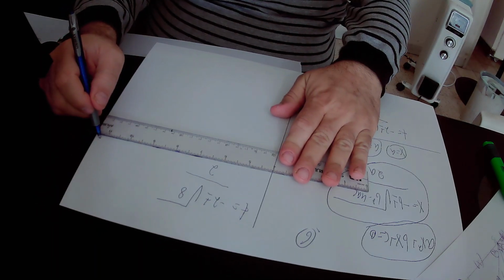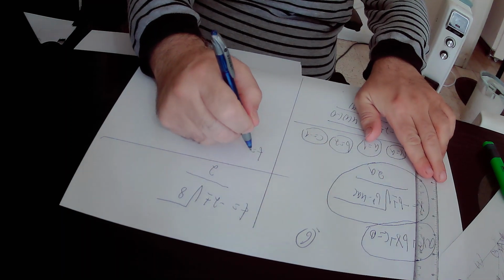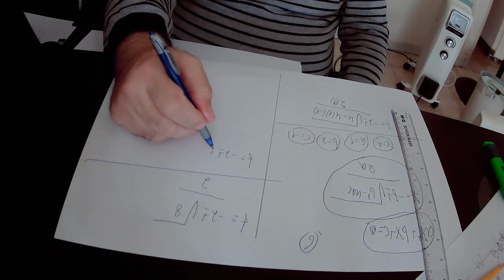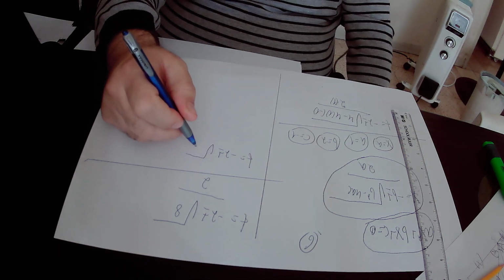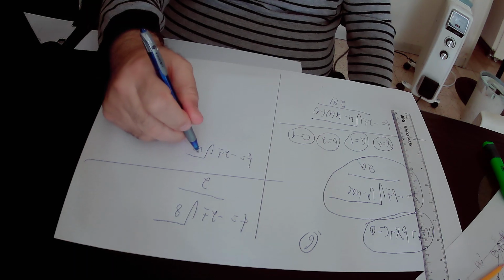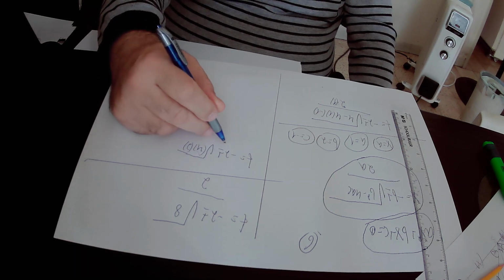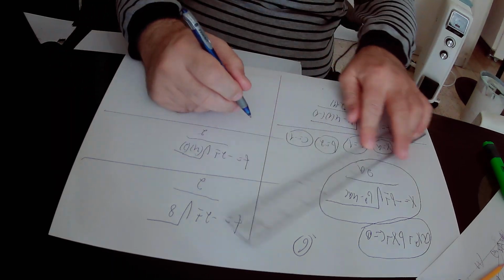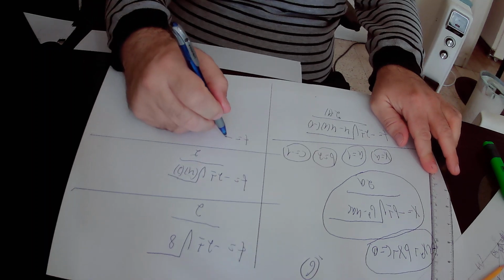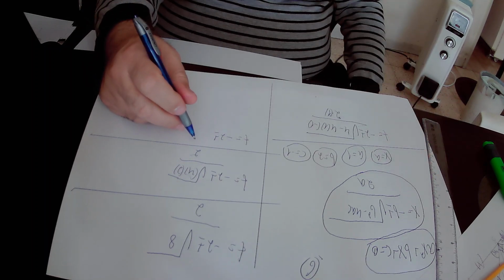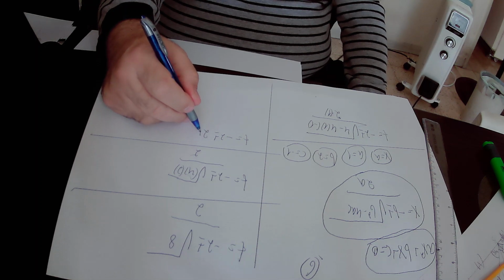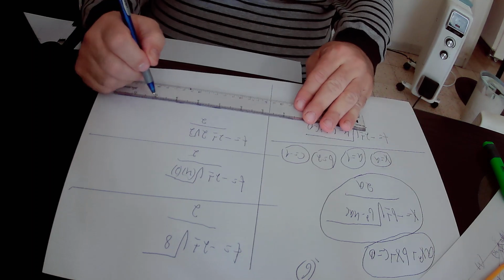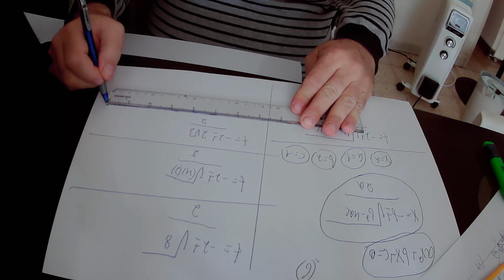So we found out that t equals minus 2 plus minus square root of 8. And 8 is 4 times 2, so we'll substitute 8 by 4 times 2 over 2. So t equals minus 2 plus minus square root of 4 is 2, so inside the root we are left only with 2, divided by 2. t equals minus 2 plus minus 2 times square root of 2 over 2.